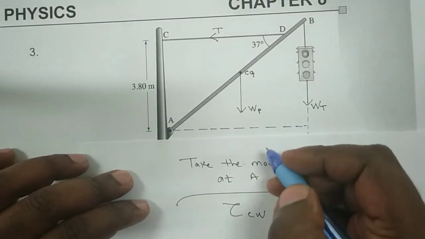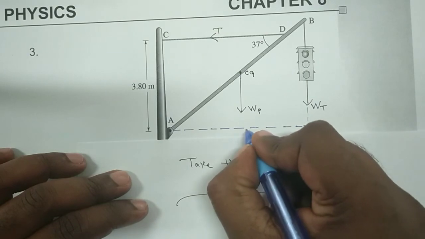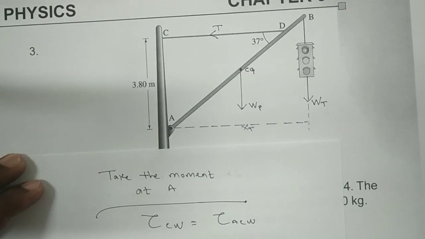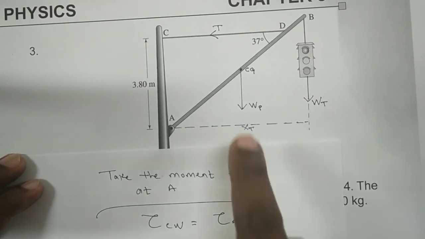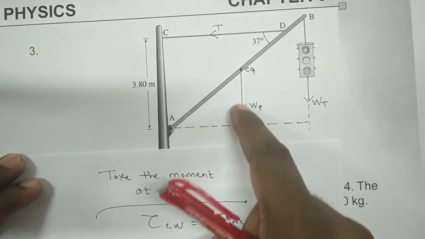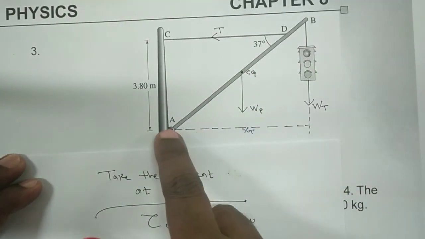We take it as xt. Again, for the clockwise direction, the weight of pole times perpendicular distance from the axis of rotation.